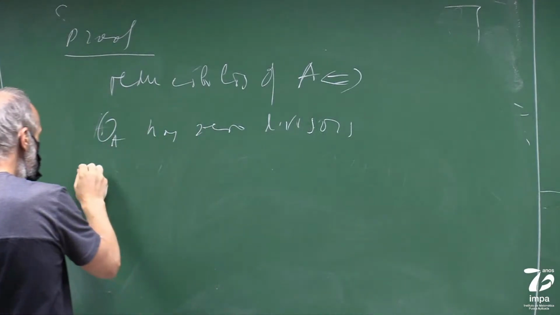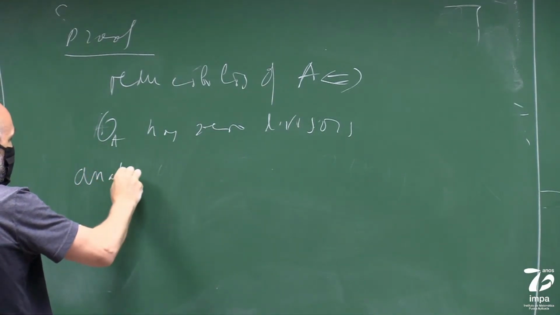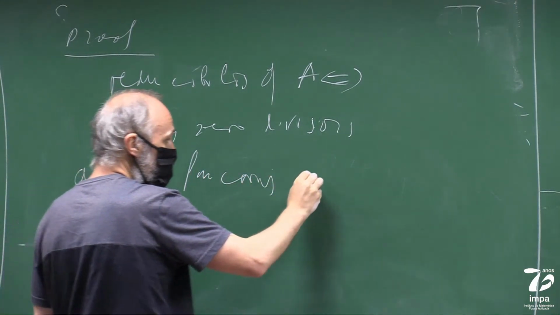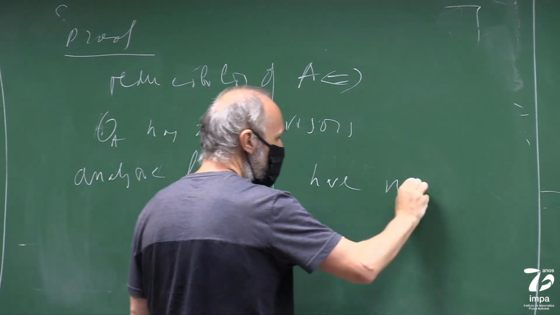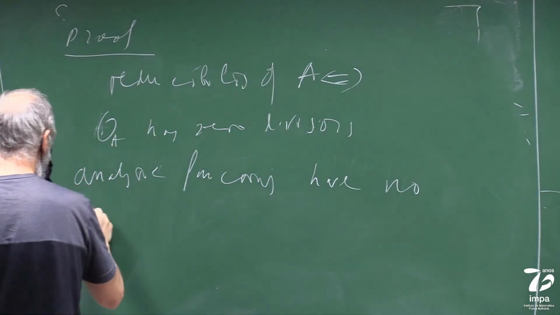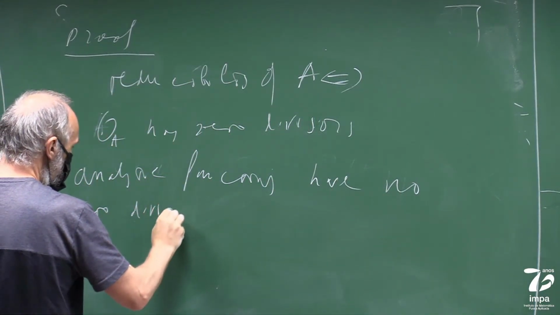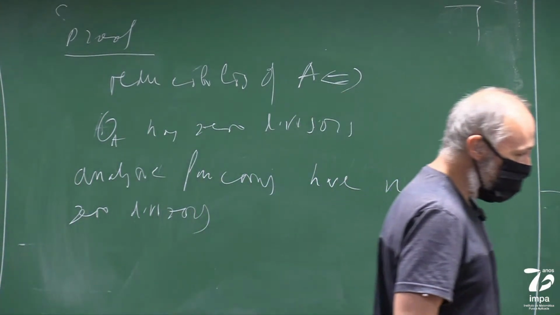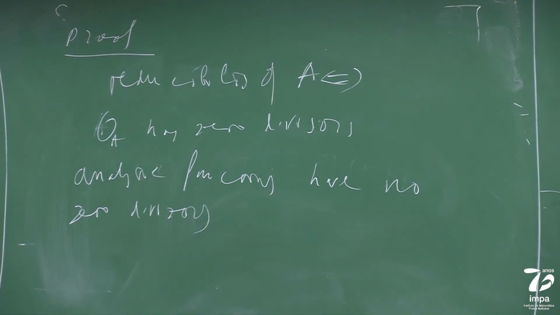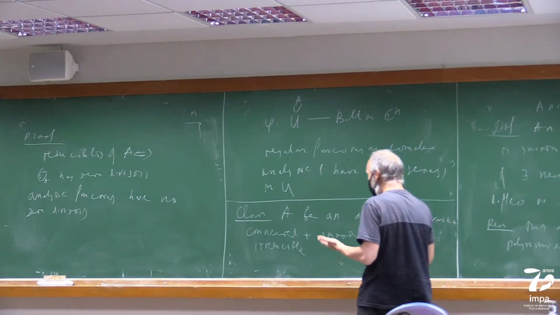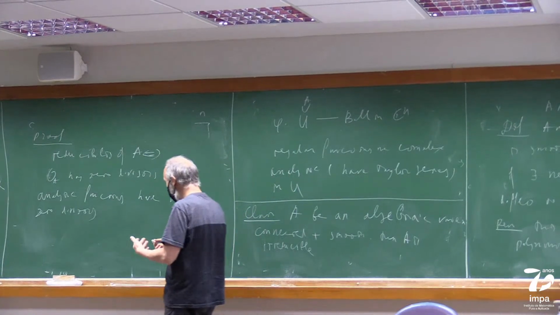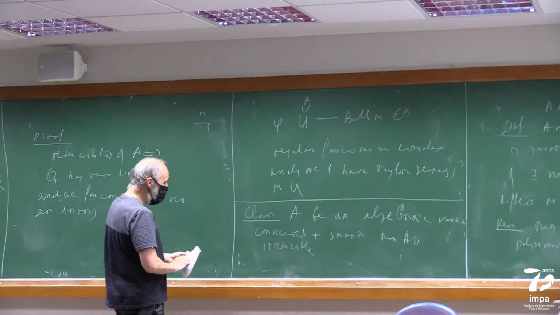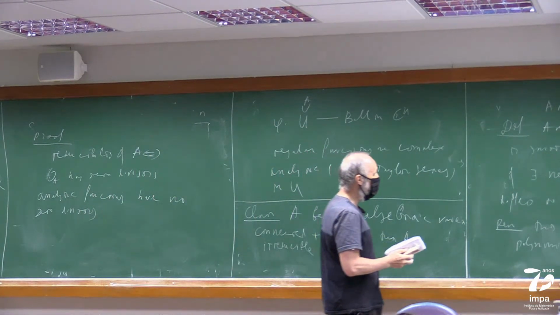It turns out that analytic functions have no zero divisors. This would immediately imply, since we know that regular functions are complex analytic, that if complex analytic functions have no zero divisors, we are done with the irreducibility of smooth algebraic varieties.